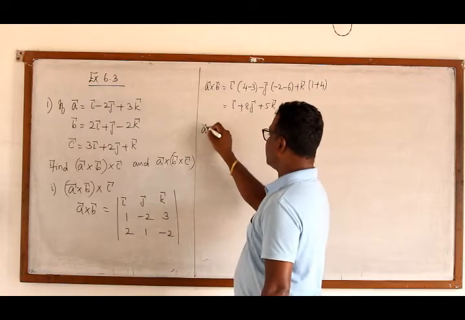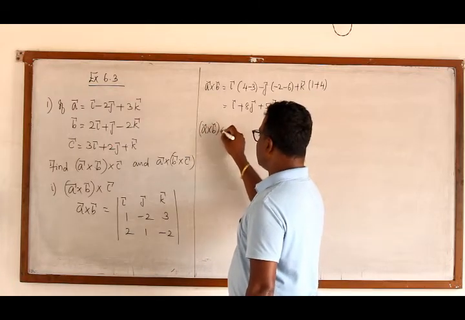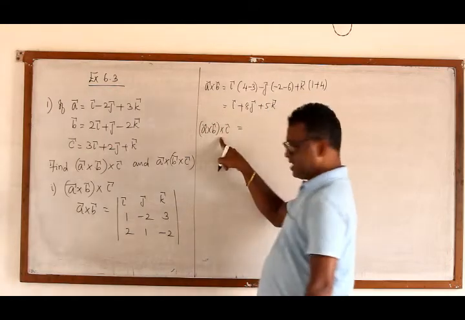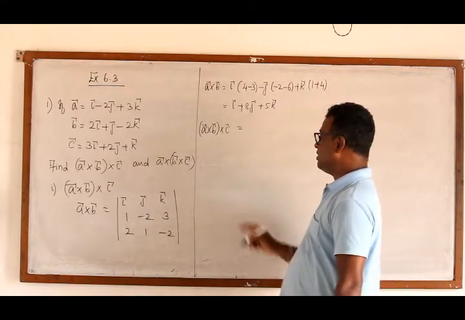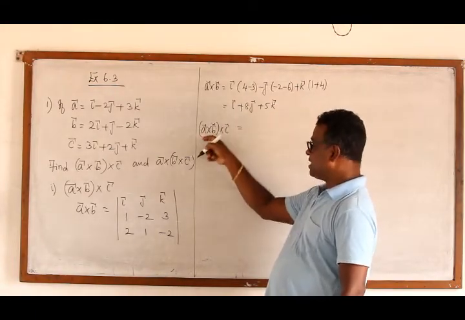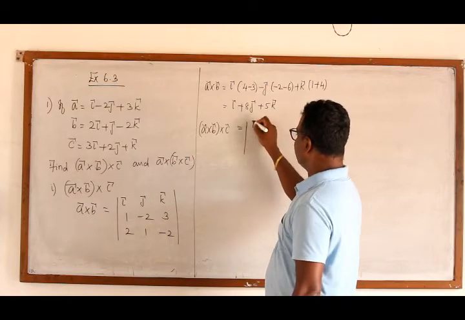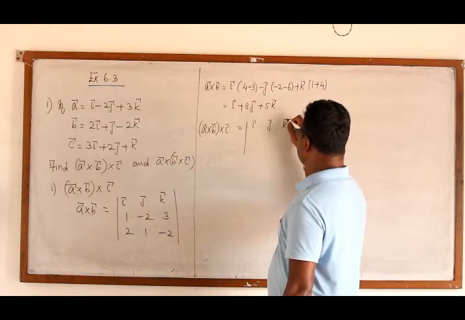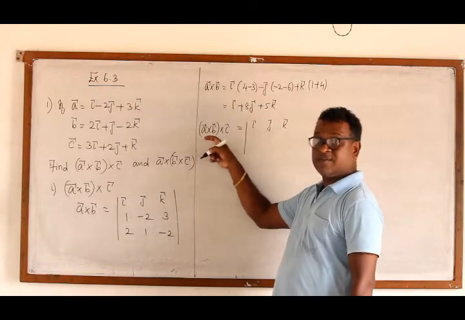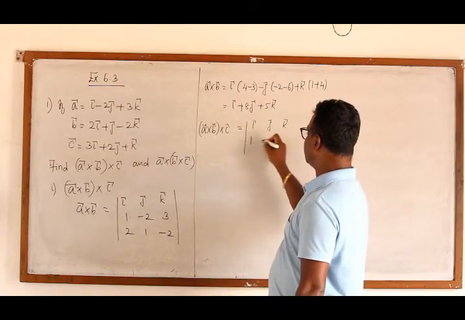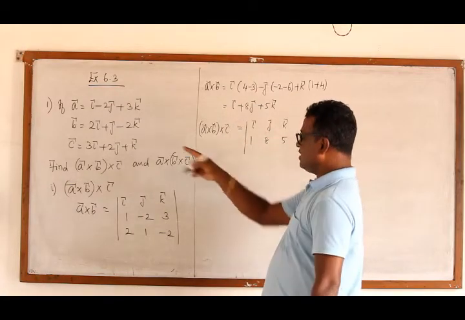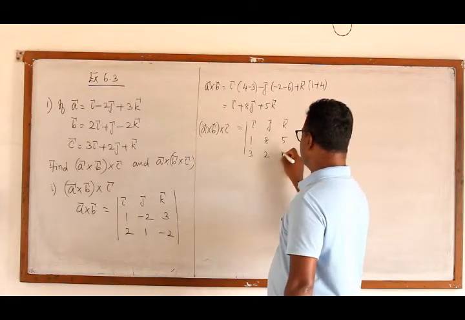Now, A cross B cross C vector, again cross product, so again determinant. Now the cross product is between A cross B and C. So first row is i, j, k, second row must be the components of A cross B, that is 1, 8, 5. C vector is 3, 2, 1.